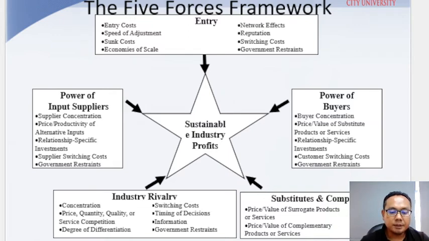And then the substitutes and complements. The level of sustainability of industry profit also depends on the price and the value of the interrelated products and services. Porter's original five forces framework emphasizes that the presence of close substitutes erodes industry profitability.